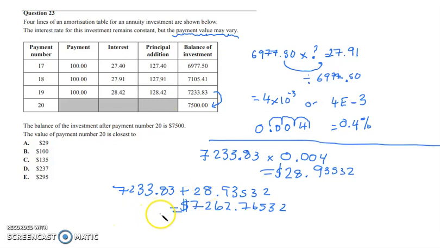So we can do one more calculation: we take the $7,500 minus the $7,262 value.